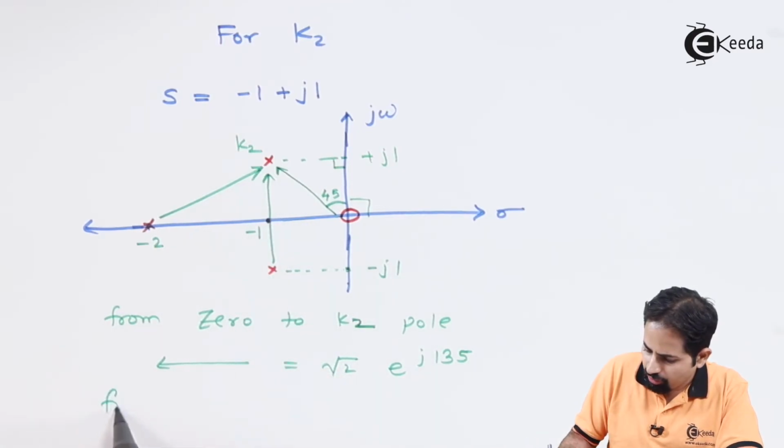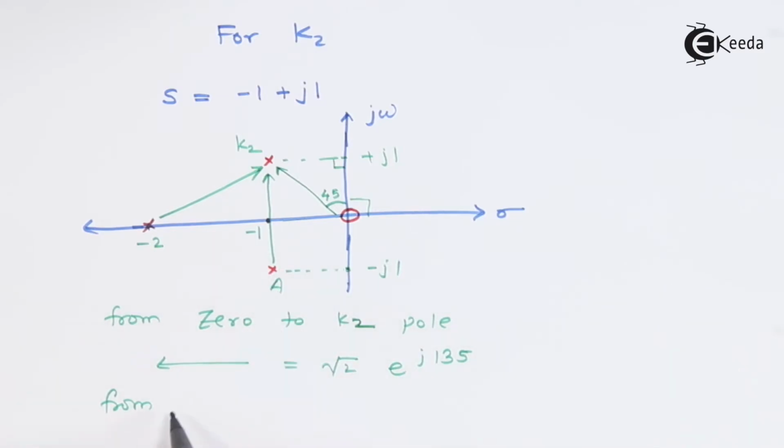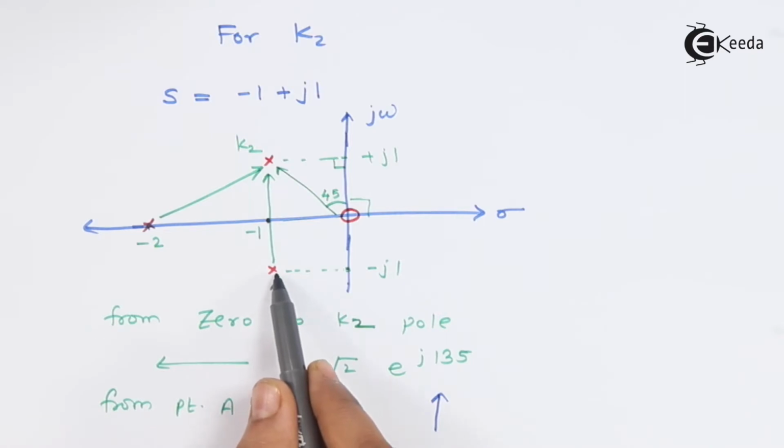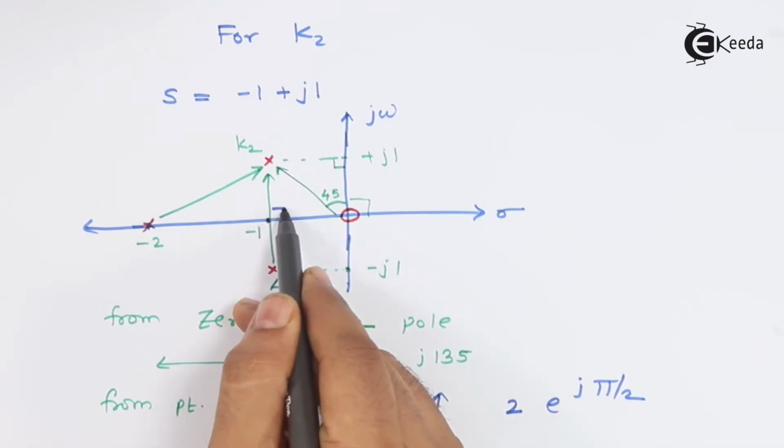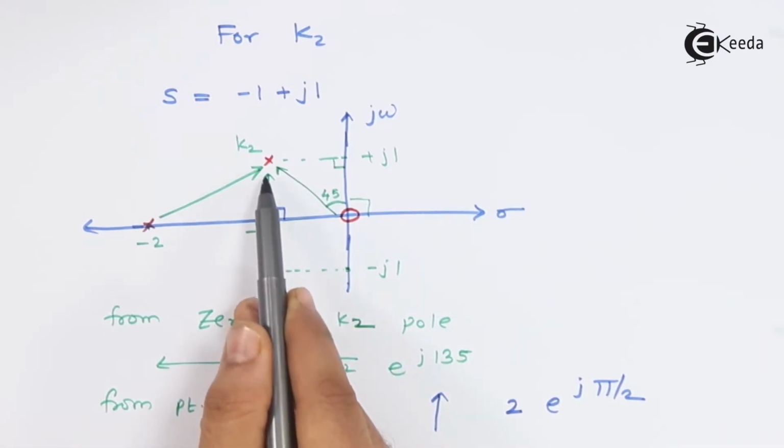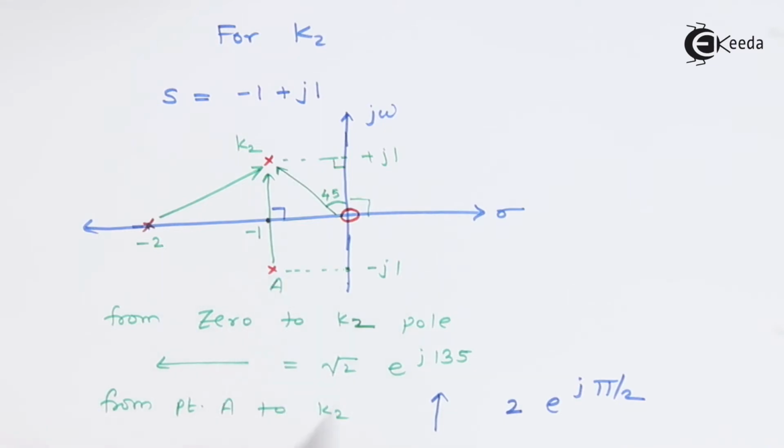So we can write from point A to K2 we have one vector which is like this, vertical, and for this vector the length will be 1 plus 1, that is 2, and you can see the angle is 90, so it is e raised to j pi by 2, because it is vertical. And length is 1 plus 1, that is equal to 2. So this pole also is done.